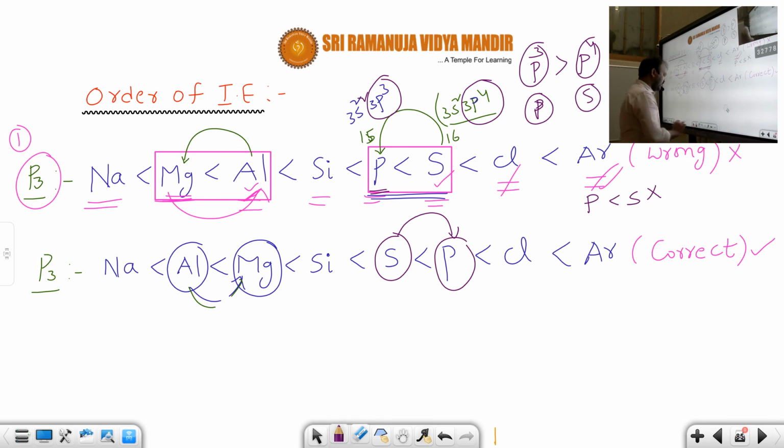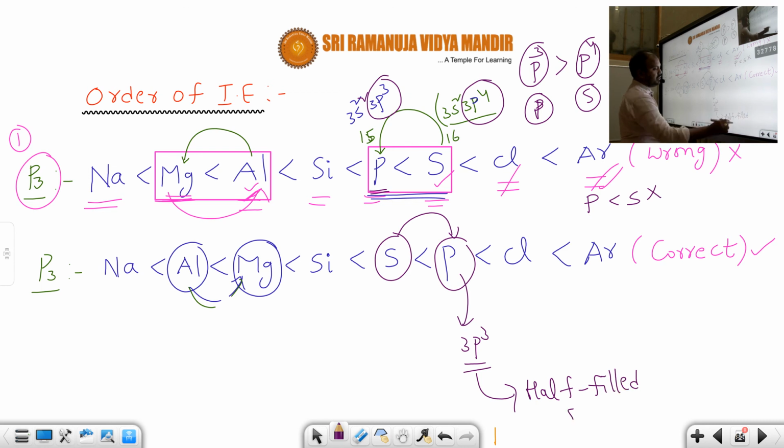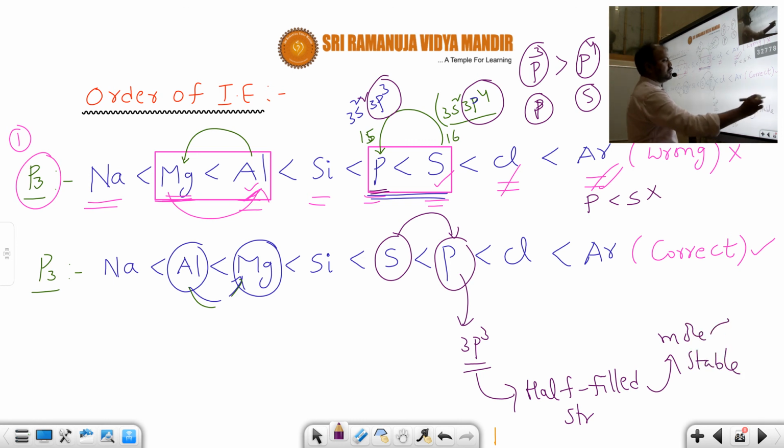We can't get a good score in this topic if you have not understood this concept. So why is P more stable in its valence shell 3p3? It has a half filled structure. Whenever a half filled structure is there, that is more stable. When it is more stable, it has more ionization potential. Okay, I made this concept very clear to you.